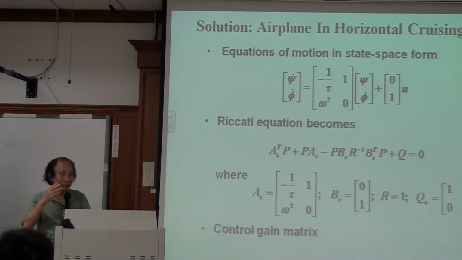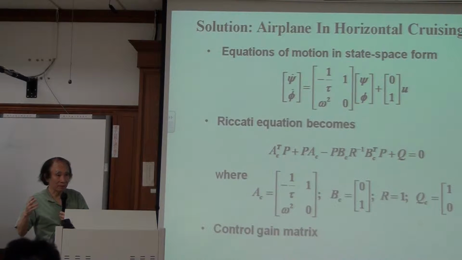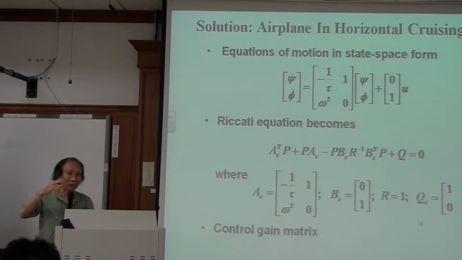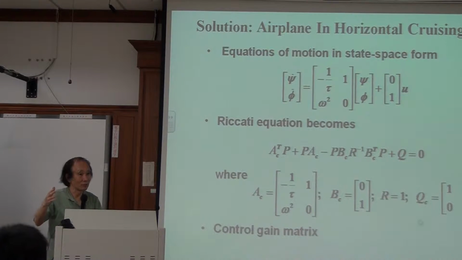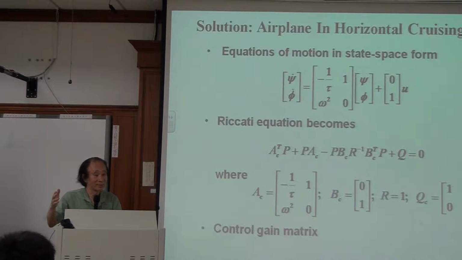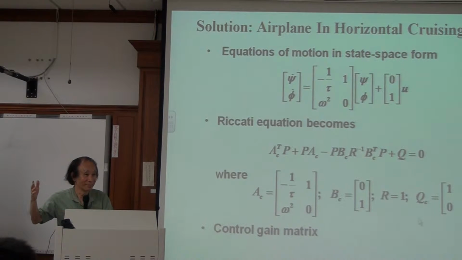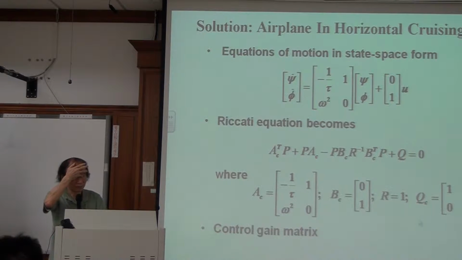If I want my closed-loop system to damp out quickly, then I have to choose my R, what? Small, right? Assume Q equal 1. Okay, assume Q is like 100 or 1.